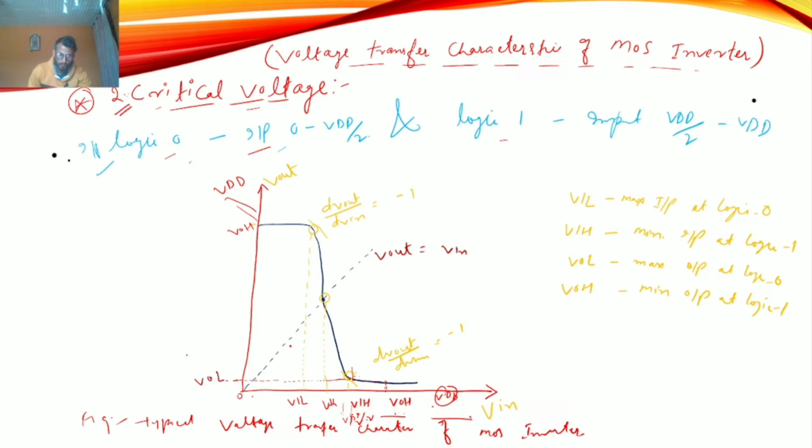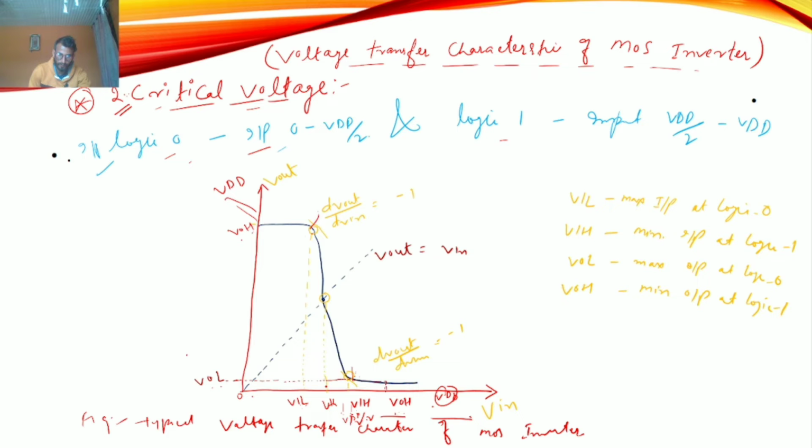Here this is the VOL, the output voltage at lower logic. This is the VOH, the output voltage at higher logic. When the input voltage VIL is at the lower logic, meaning 0, then the output voltage is at the high level VOH. We get the VOH from this point, and at the middle of this is the VTH, the threshold voltage.